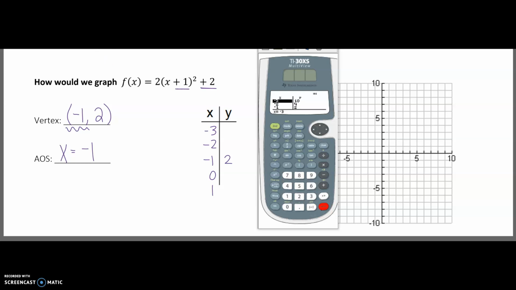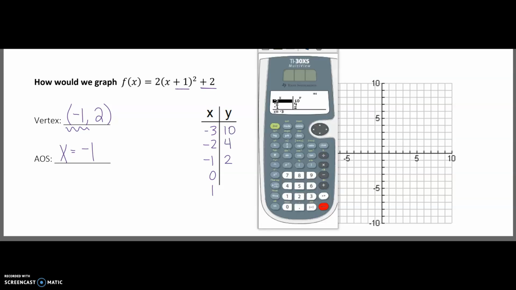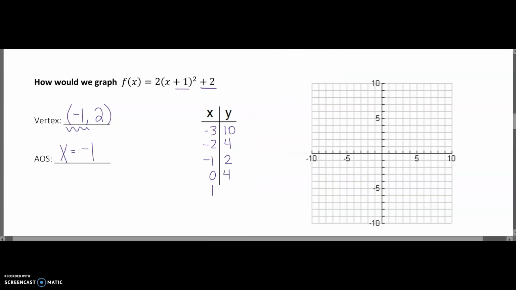So -3, 10, -2, 4, -1, 2 is what we already found, 0, 4, and 1, 10. And there we go. Now we can plot our points.